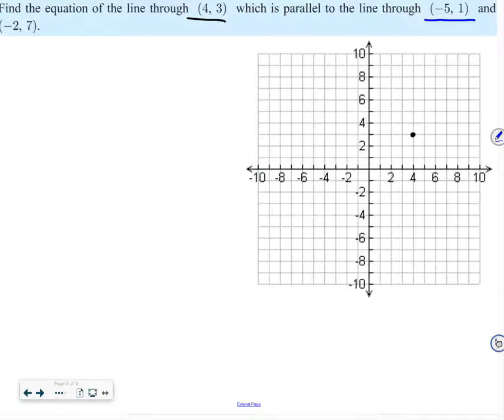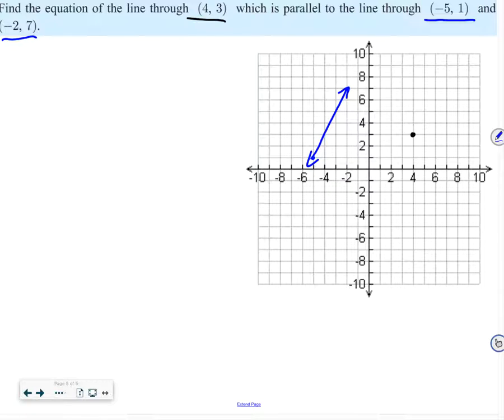So negative 5, 1 is here. Okay, and negative 2, positive 7 is here. Okay, so I'm just going to roughly draw this here. So I have a line kind of going off like this.